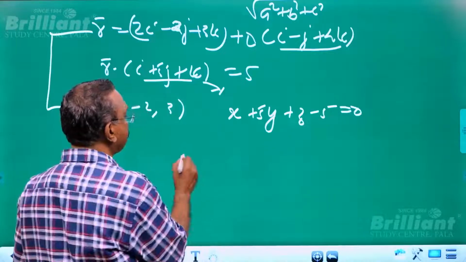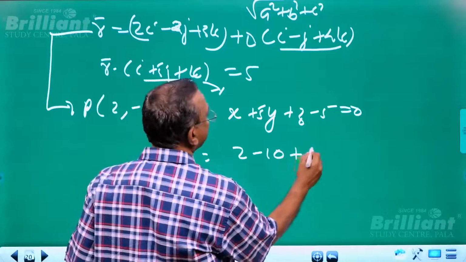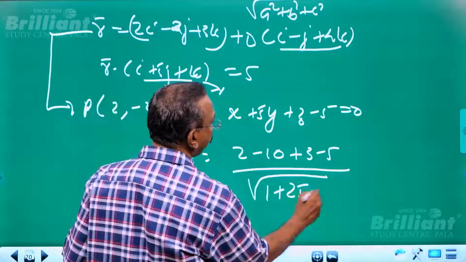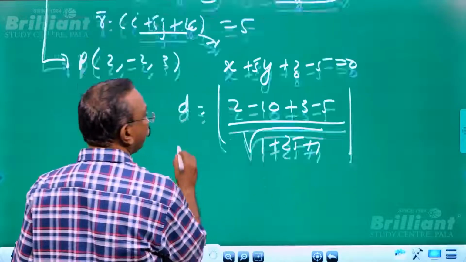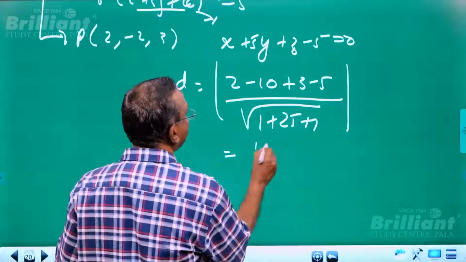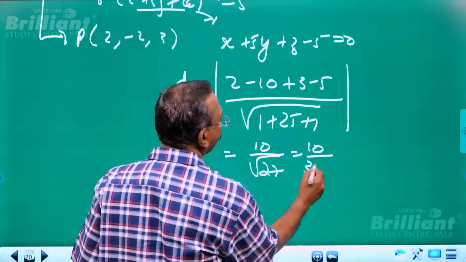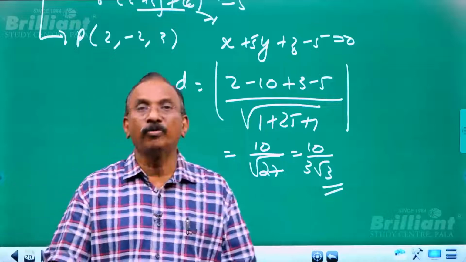So the required distance d is equal to modulus of (2 − 10 + 3 − 5) divided by root of (1 + 25 + 1). So it is equal to 10 divided by root 27, which is 10 by 3 root 3, the required distance, and which is given in your fourth option.